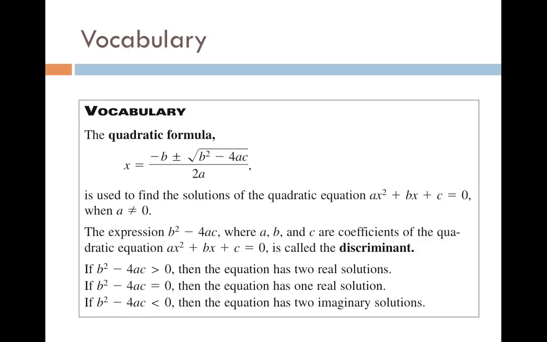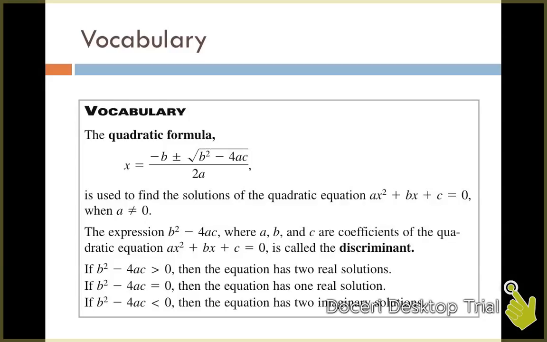The expression b squared minus 4ac, which you see right here inside of the radical, is called the discriminant. And the discriminant can tell us what kind of solutions to expect and how many of them. So when that discriminant is greater than 0, so when we get a positive answer, then we know we're going to get 2 real solutions.